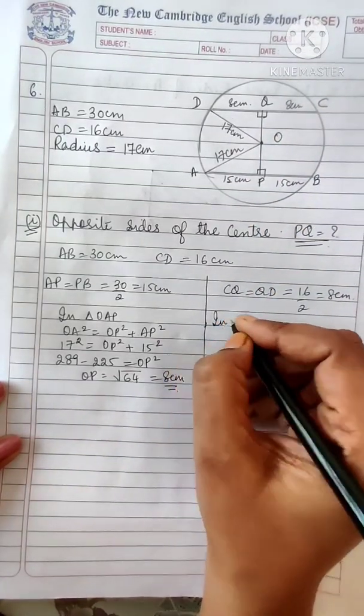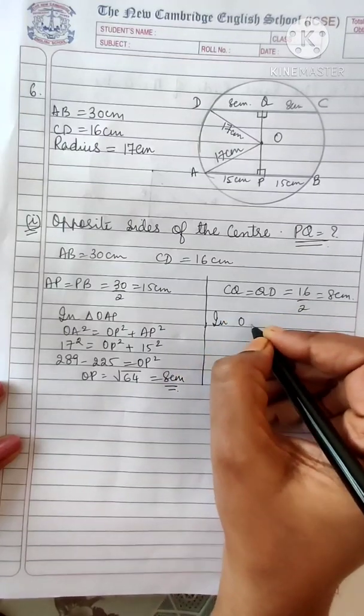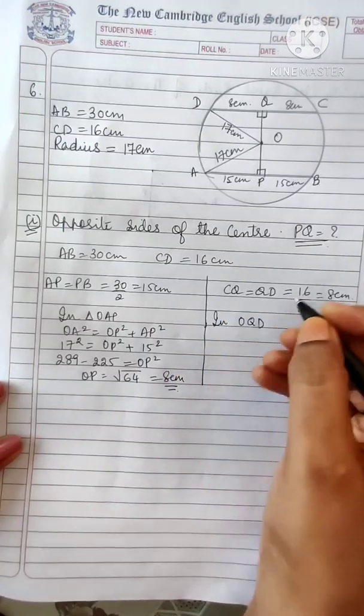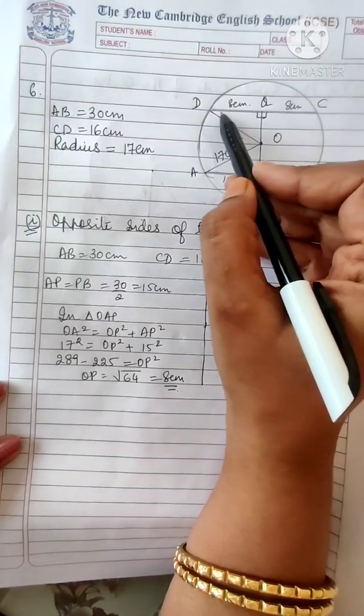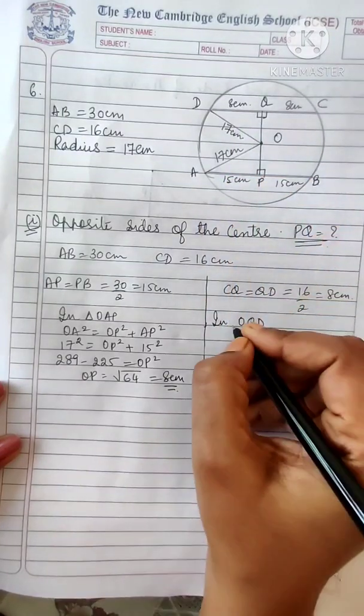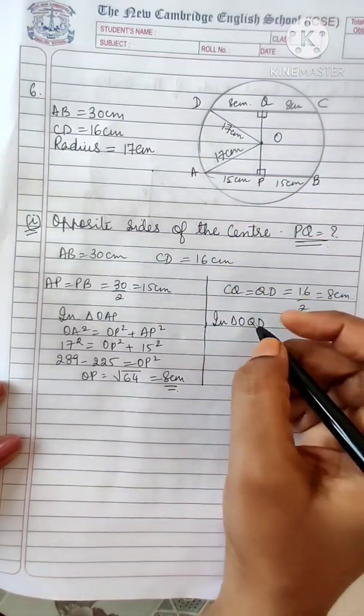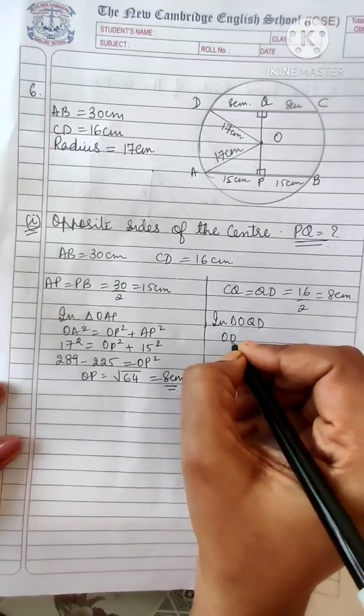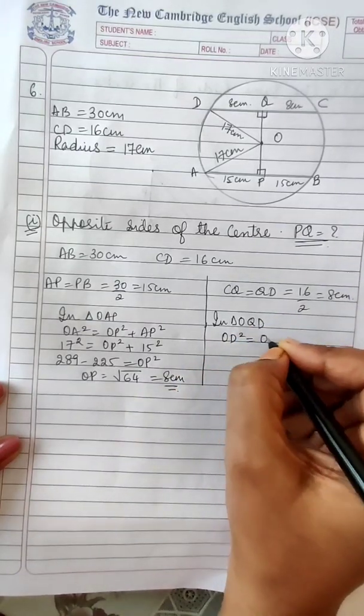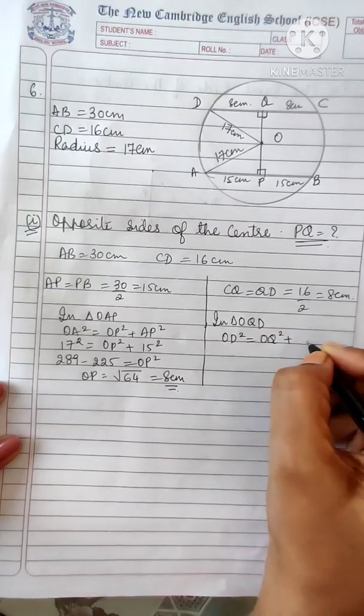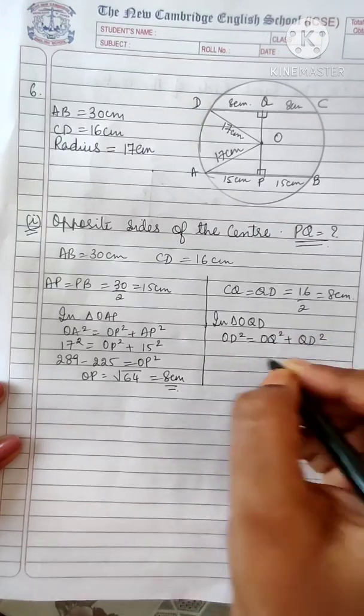Similarly, you have one more triangle which is OQD. This is also a right angle triangle, right angled at Q. So according to Pythagoras theorem, you get OD square is equal to OQ square plus QD square.